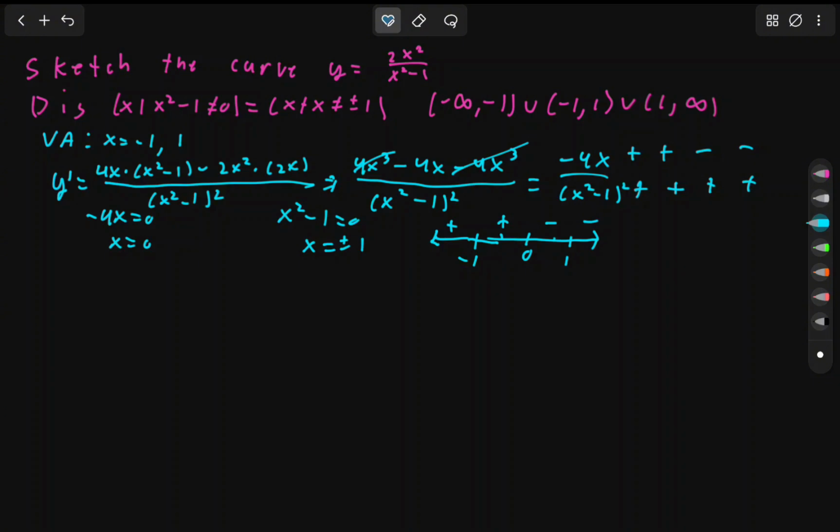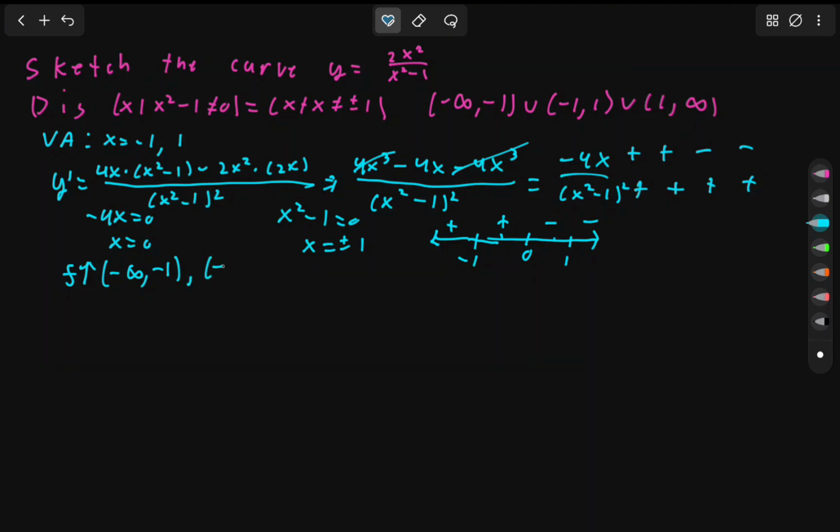So what we get here is f is increasing from -infinity to 0. Actually, we can't include the 0, give me one moment. I do have to change this up just a small bit. Because -1 is undefined, f is increasing from -infinity to -1, and we can't include that.